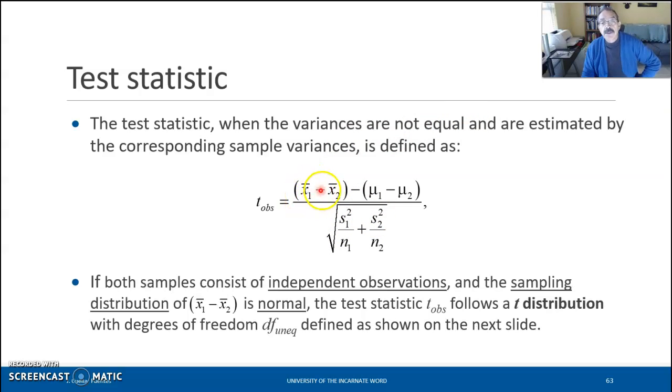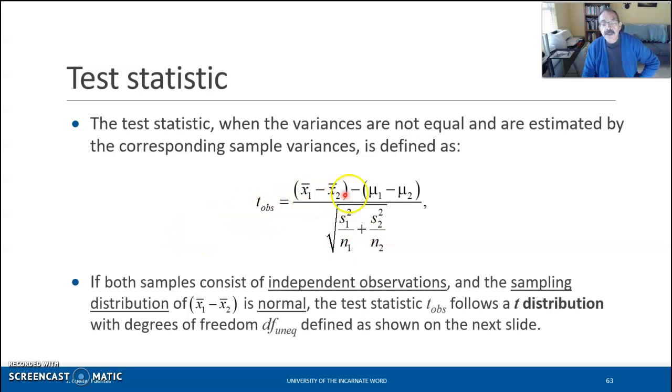And now the difference of means is going to come from the two samples of data that we have. And then the difference in the population means is going to come from the null hypothesis. And of course, the sample variances and the sample sizes are given to us from the samples that were obtained.